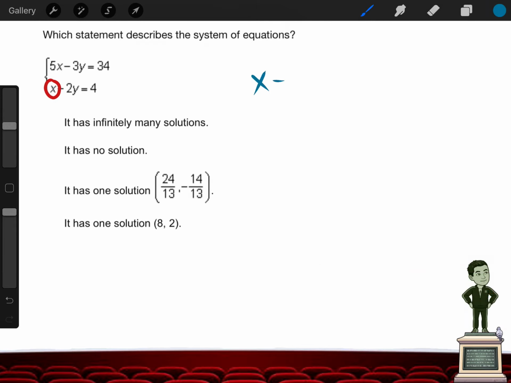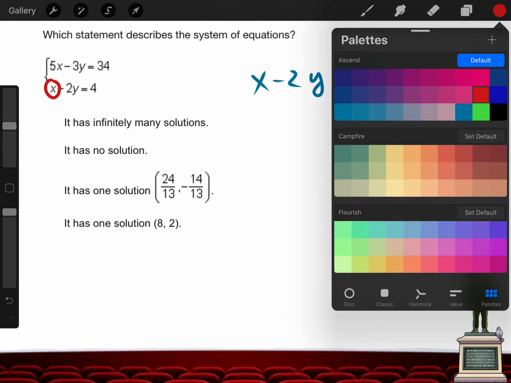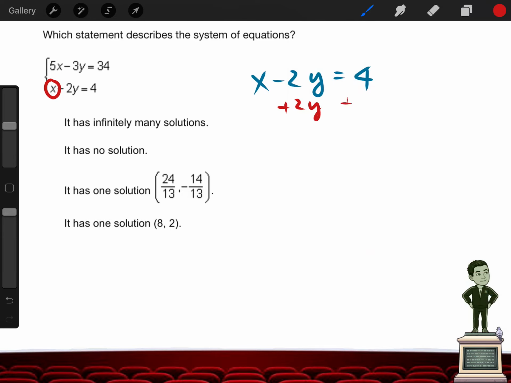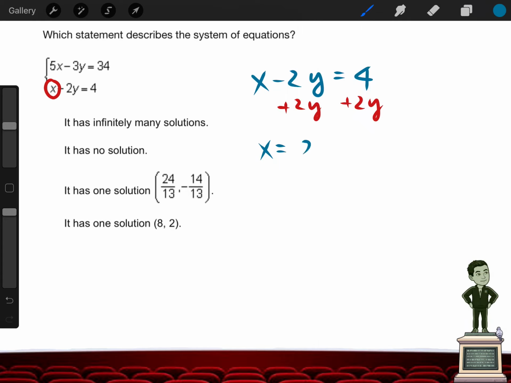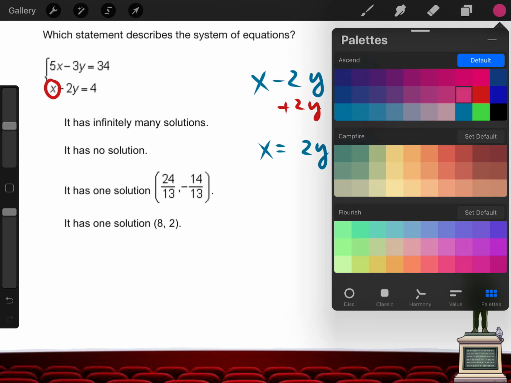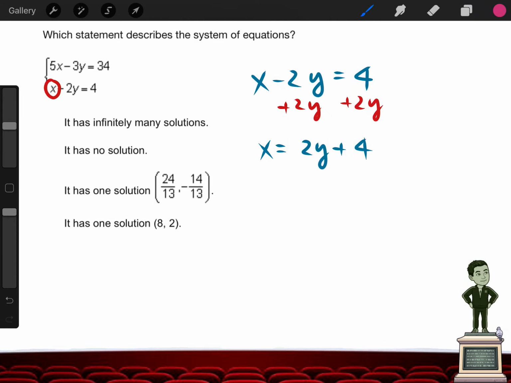So we got x minus 2y equals 4, okay? So I'm going to add 2y on both sides. Okay, I got x equals 2y plus 4. Now, the x is isolated. X is equal to this expression. So you can plug this into the x in the first equation.